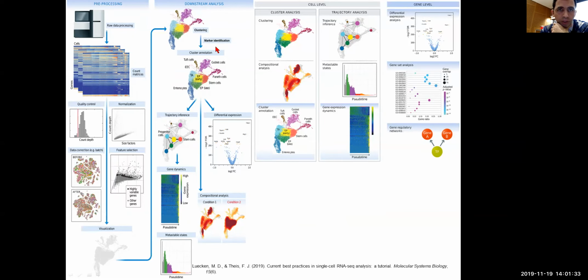After you've clustered them, you can label them by identifying markers that are already known. For example, we know that neuronal cells have mu n plus, and then, I don't know, the dendrocytes have GFP plus, and so on and so forth. So you could use that to label which of those clusters correspond to which cell types that we already know about. Raise your hand if you're with me.